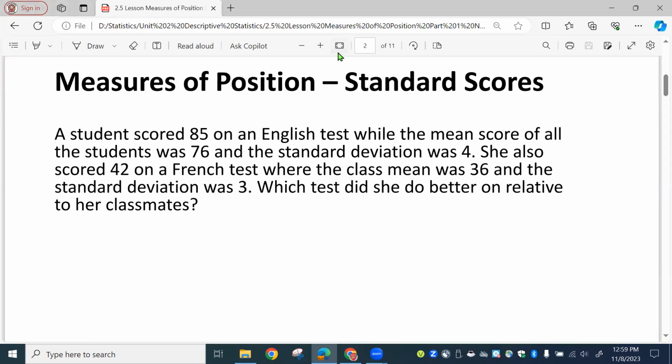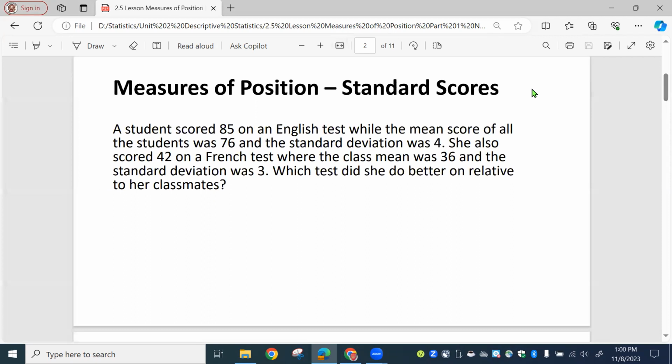The first measure of position we're going to talk about is a standard score, which we also refer to as a z-score. This may or may not be something you're familiar with, but of course we'll talk about it here. So in this scenario, we have a student who took an English test and they took a French test.